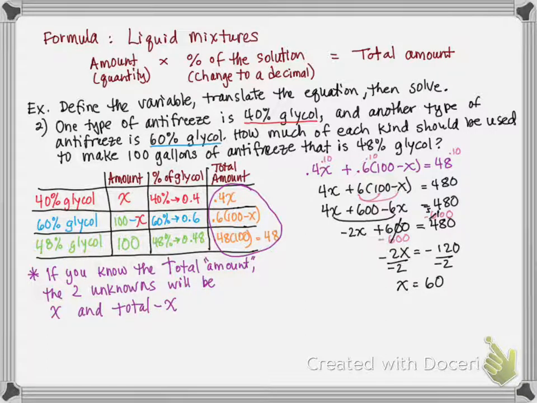So this is how I would say 60 gallons goes with x, and x is the 40% glycol. So 60 gallons of 40% glycol needs to be mixed with, and then this is where we're going to have to do a little bit of calculation.